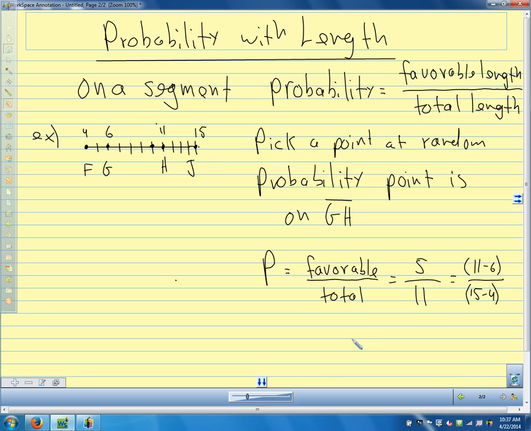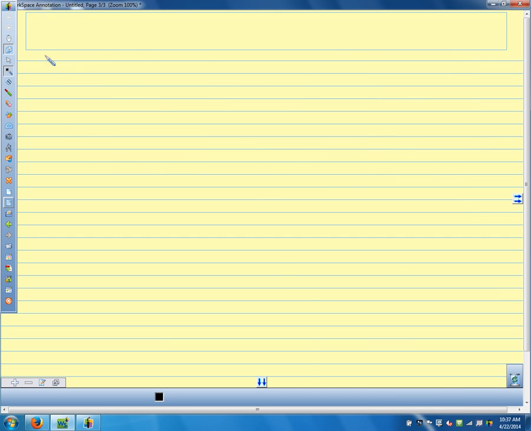So the next one we'll do, the problem sounds kind of complicated. But if we turn it into one of these length problems, it's actually really easy. So for this one, we have a ship.